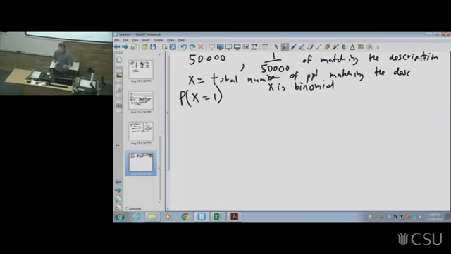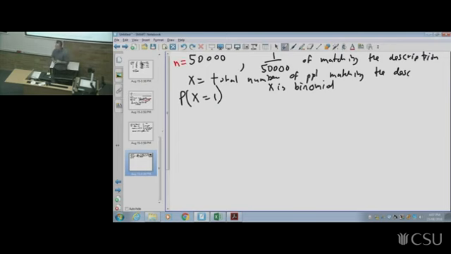How many different things are we looking at? What, 3? More than 3. Probably 4. A lot more than 4. Well, essentially we're looking at 50,000 people.